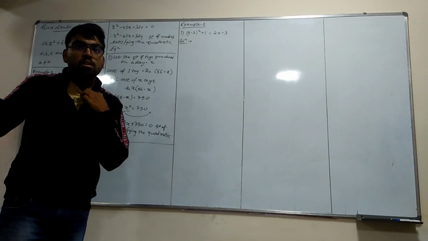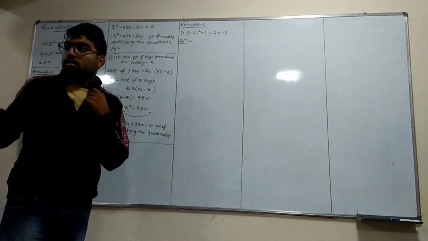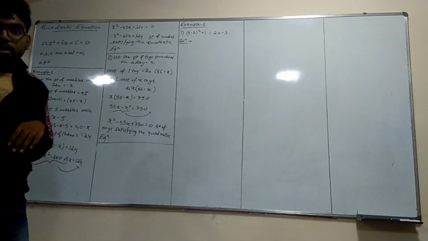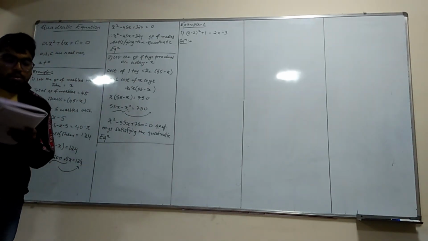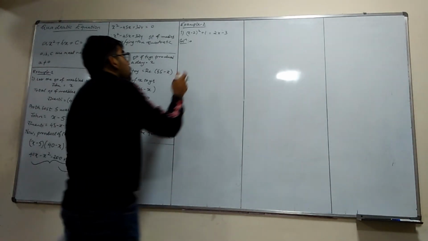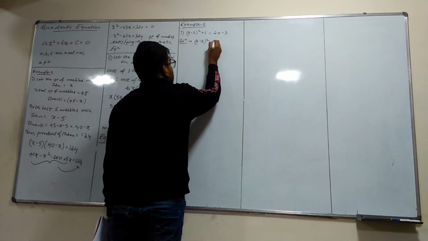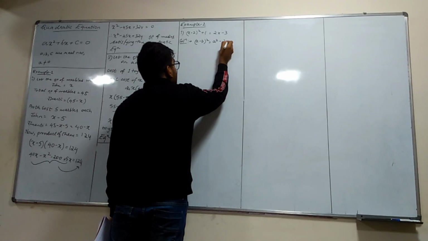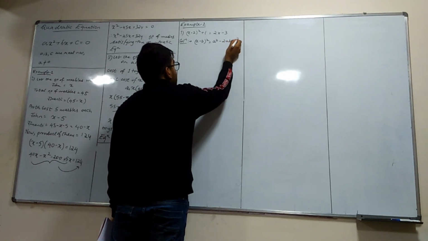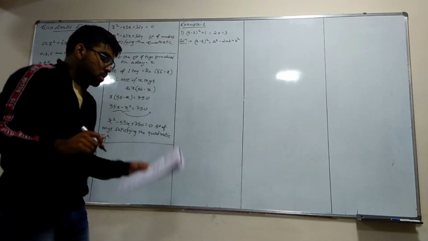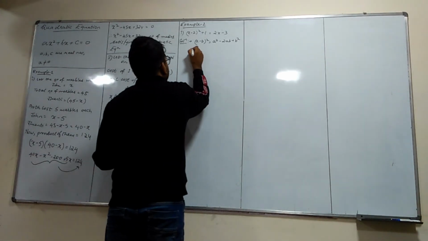Keep your pens down. I'll give you time to write. So, what is a minus b the whole square? A square minus 2ab plus b square. So, what is x minus 2 the whole square?